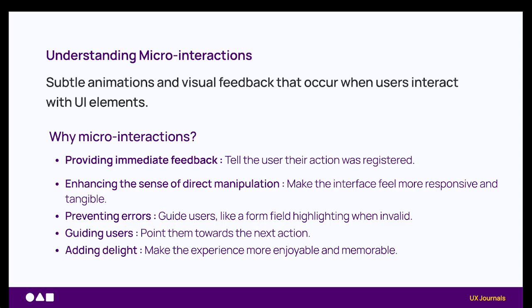A micro interaction can be a hover effect. When you hover on a button, maybe it gives you an easing animation. When you tap on a button, maybe it gives you a smart animation where you move in from the right with a duration of, let's say, 300 milliseconds. So these are all micro interactions.